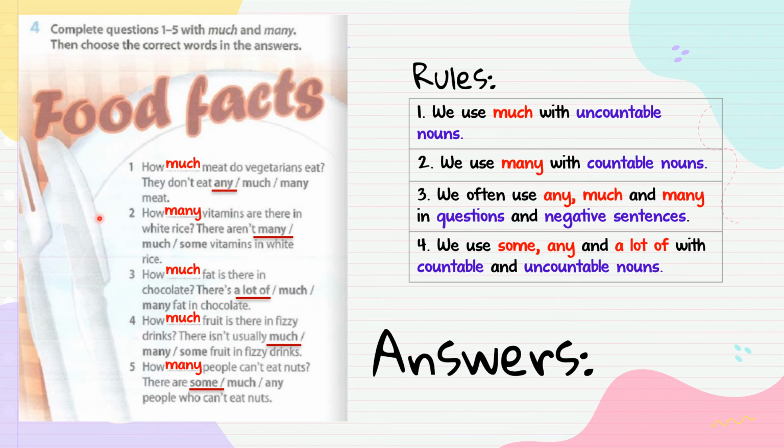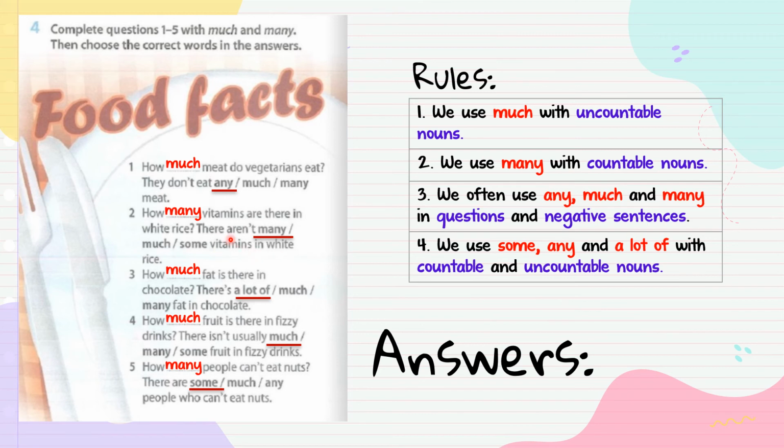Okay, let's take a look at number 2. How many vitamins are they in white rice? Okay, vitamins adalah countable nouns. So we put many. Okay, the second sentence. There aren't many, much, some vitamins in white rice.